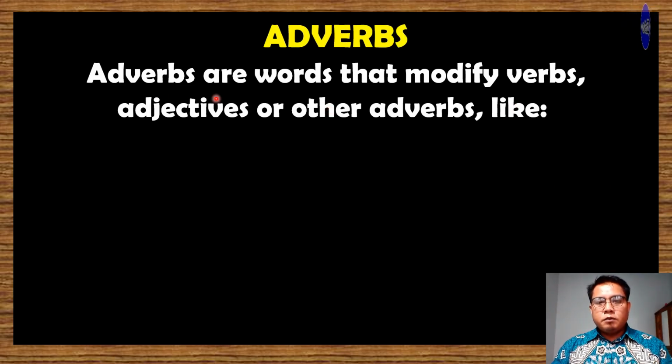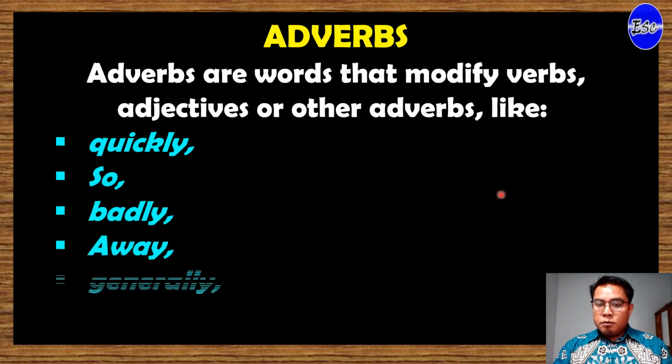Adverbs. Adverbs are words that modify verbs, adjectives, or other adverbs. Yes, so just a glance for you. Adverbs can also be divided into adverb of time, adverb of manner, adverb of degree, adverb of place, and so on.